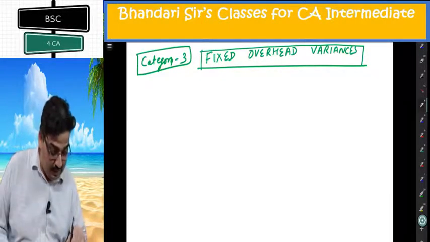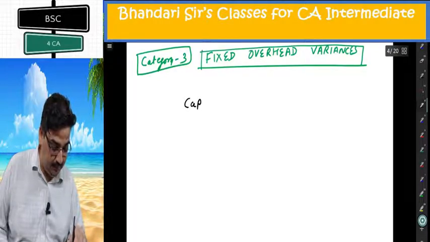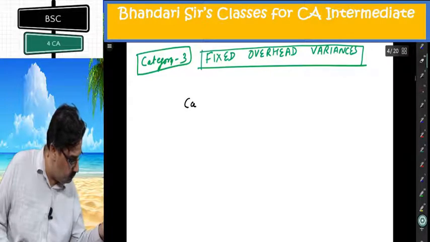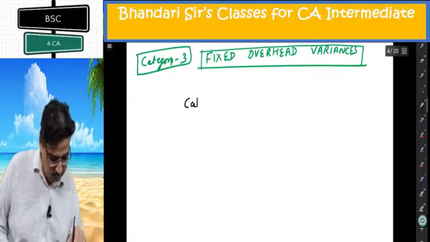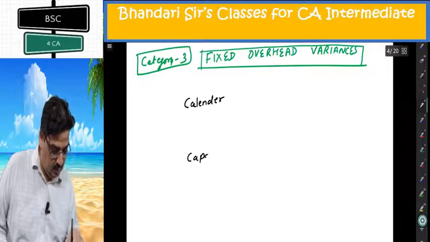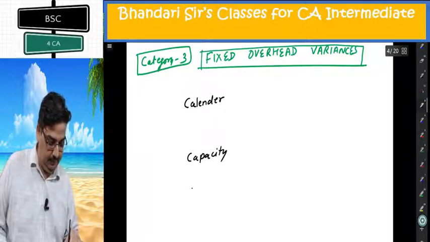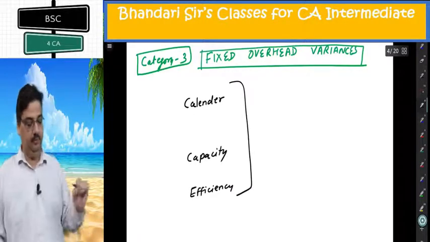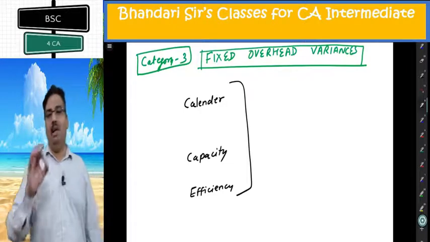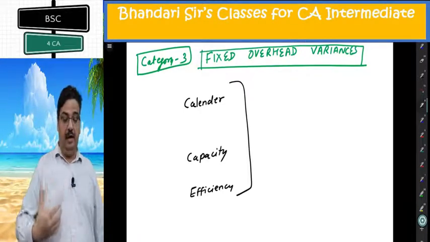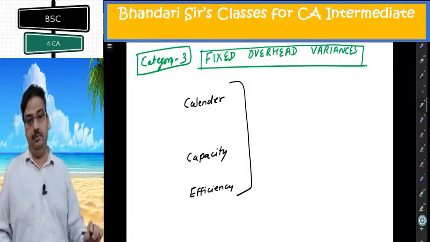The three reasons that I explained there: calendar, capacity, efficiency. I'll take one simple example which will elaborate the meaning of calendar, capacity, efficiency.